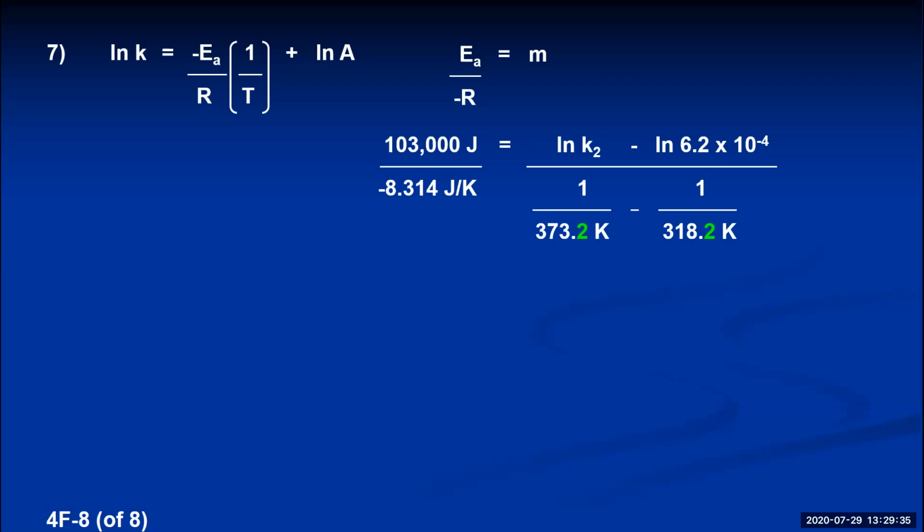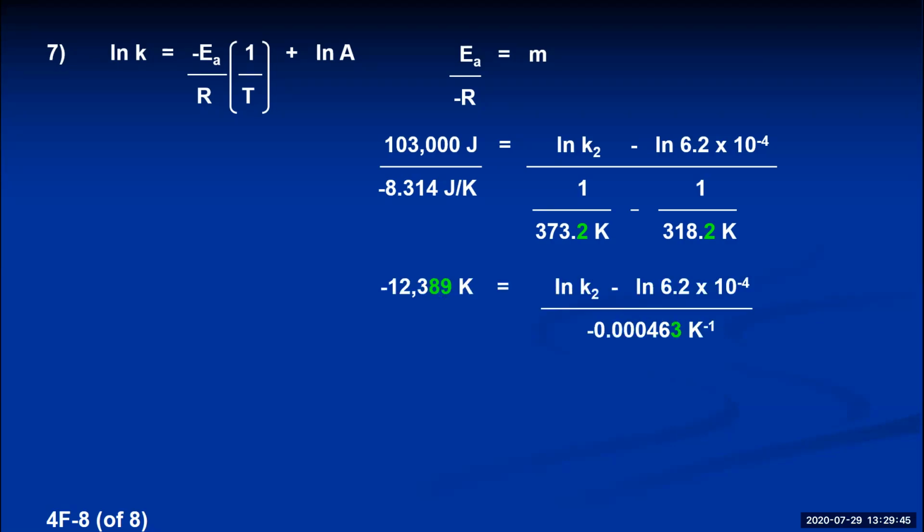Now I have a giant equation where I just have to solve for the individual variable, K2. The left side of the equation can be calculated, and the denominator can be calculated. If I do those, the left side becomes negative 12,389 Kelvin, and the denominator becomes negative 0.000463 Kelvin to the minus 1. If I move the denominator to the left side and multiply it out, the units cancel out, and I get 5.736 equals natural log of K2 minus the natural log of 6.2 times 10 to the minus 4th.